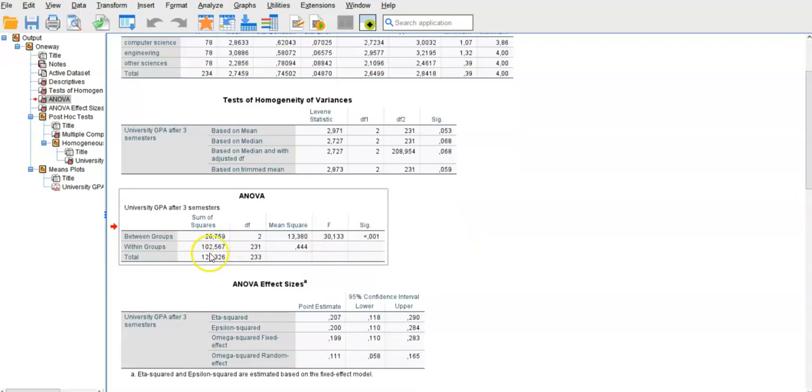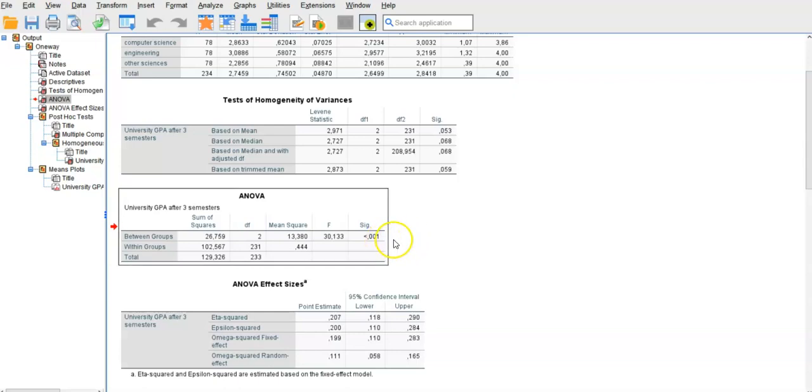In the ANOVA table, you can see the differences from the grand mean, and the significance is less than 0.001. So this test is significant. This means that one of the three groups, like computer science, engineering, or other sciences, is significantly different from the others.